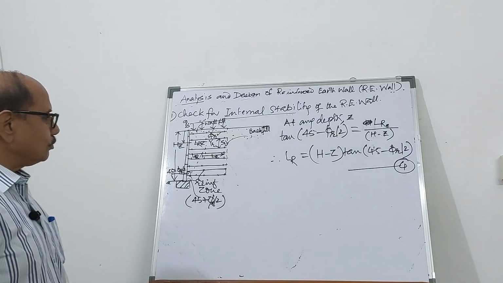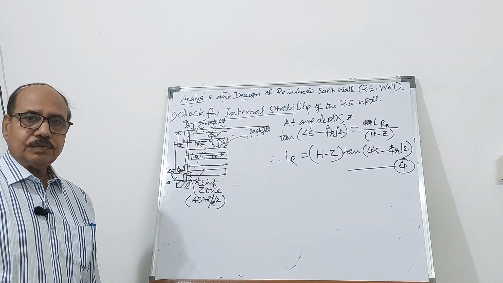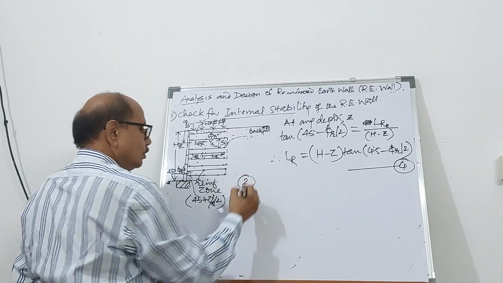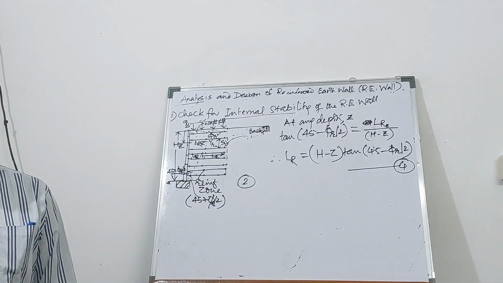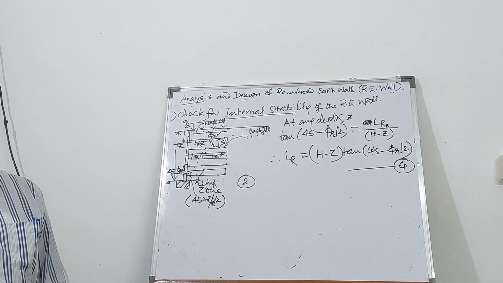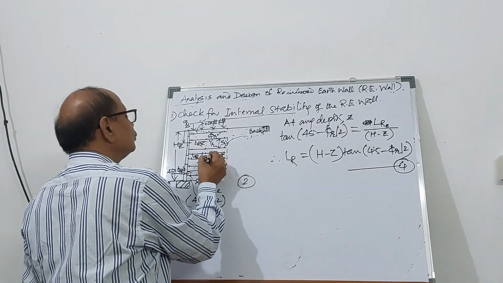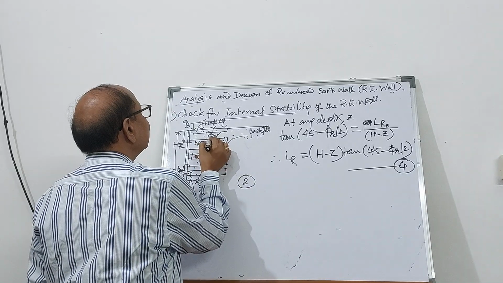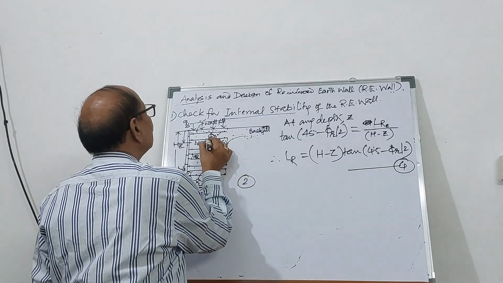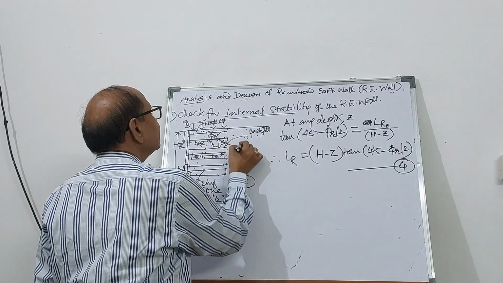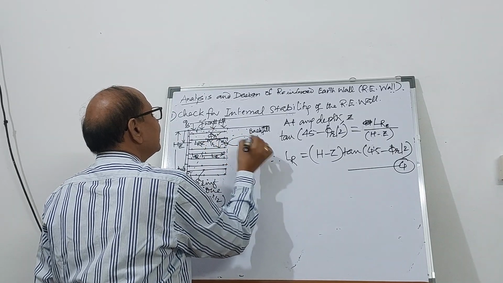So LR is known. Now friends, you can find out the LE value from pull-out resistance. This LE at any depth Z can be found out from here up to here. It is called LE at any depth Z.